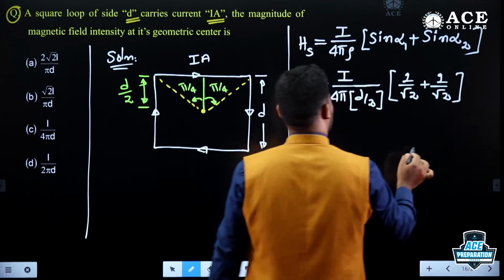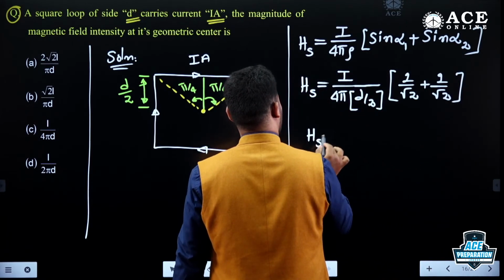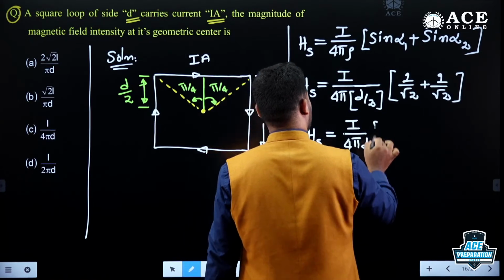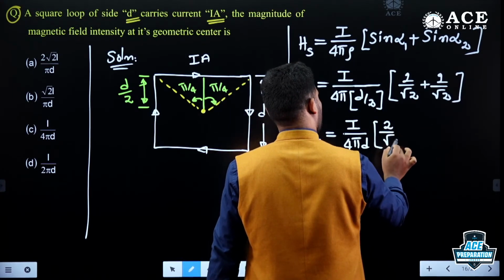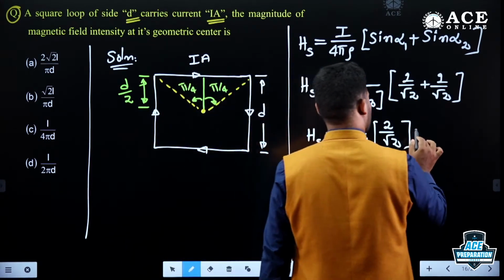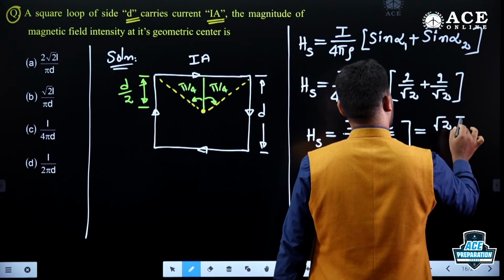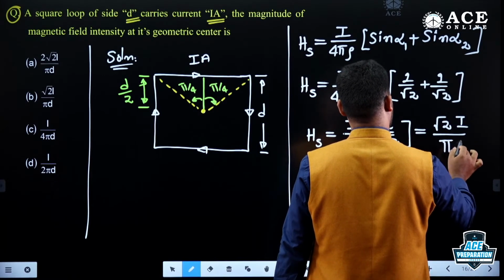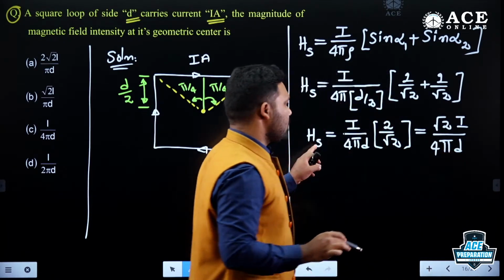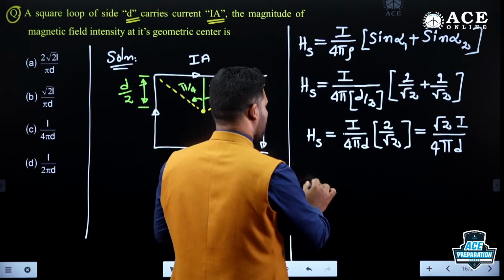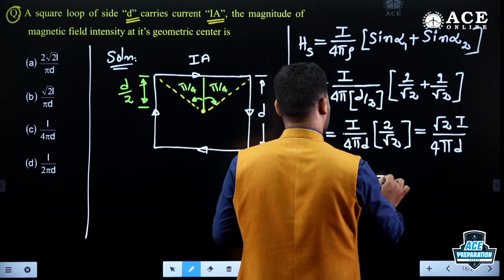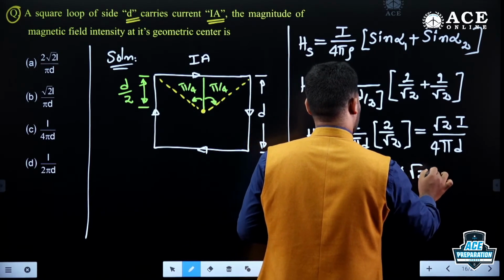Now do these calculations here. So Hs is equal to I by 4 pi d into 2 root 2. This can be written as root 2 into I divided by pi d. But this is the magnetic field due to one section. So if you want the overall magnetic field at the center, you need to multiply with the number 4.